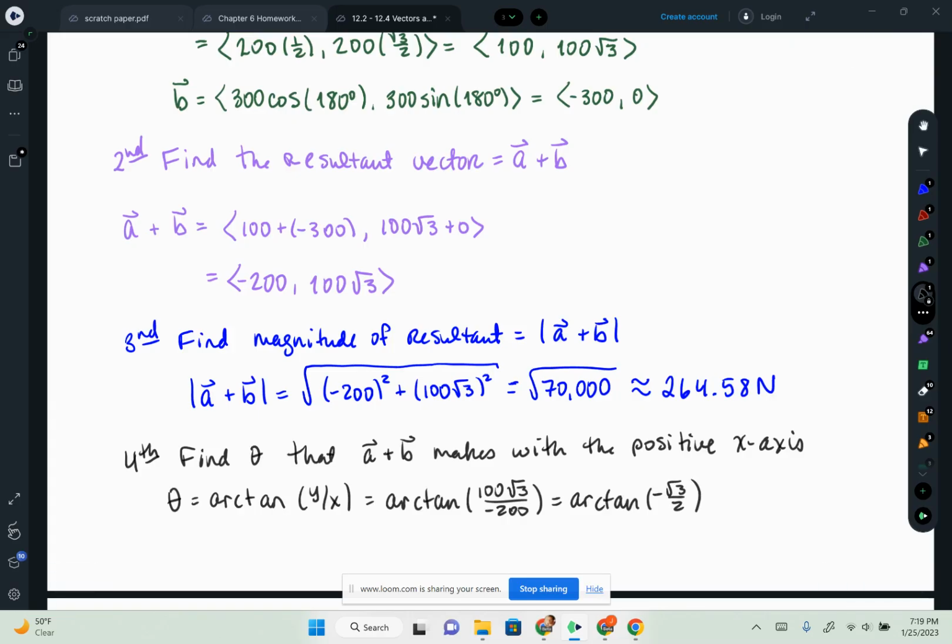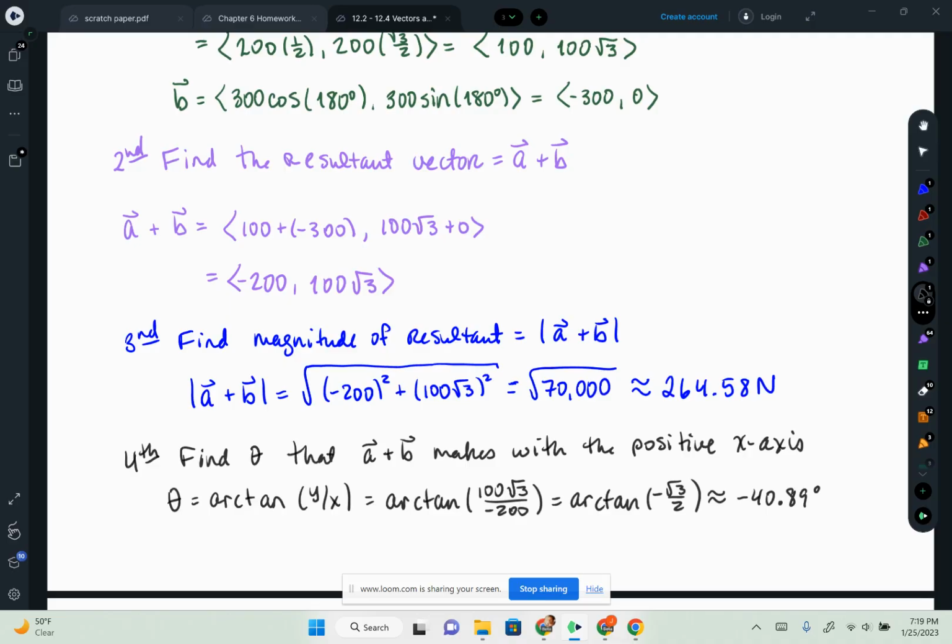Now, when I plug this into my calculator, I get an angle of negative 40.89 degrees. That is not in the second quadrant. That is in the fourth quadrant. And this is happening because for arctan to be defined, we have to put bounds on the domain of tangent.